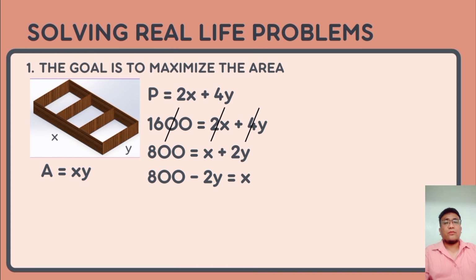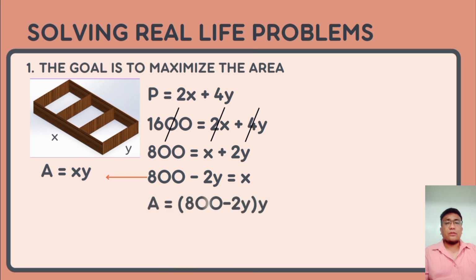So where are we going to use this? We will substitute this in the formula of area, which is xy, because we cannot differentiate with three variables in one equation. So by substituting, area is equal to x, which is 800 minus 2y, times y.